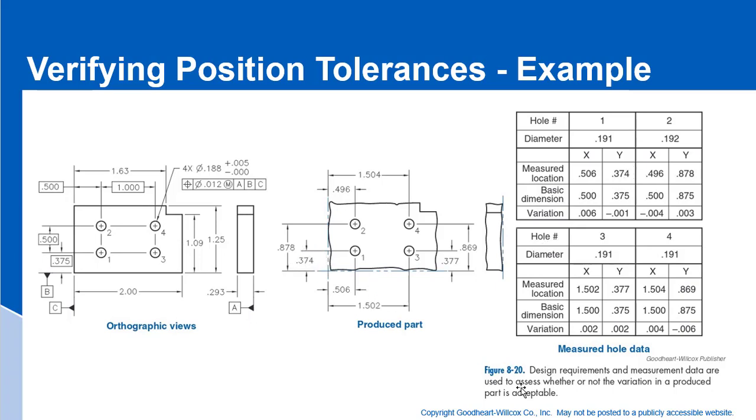The basic dimensions that define those locations are 500, which is shown right here, and we actually ended up with 506. And then 375, which is actually 374 now. The variation between the two is 6 thousandths in the x direction and minus 1 thousandths in the y direction. We did that for all 4 of these holes here.